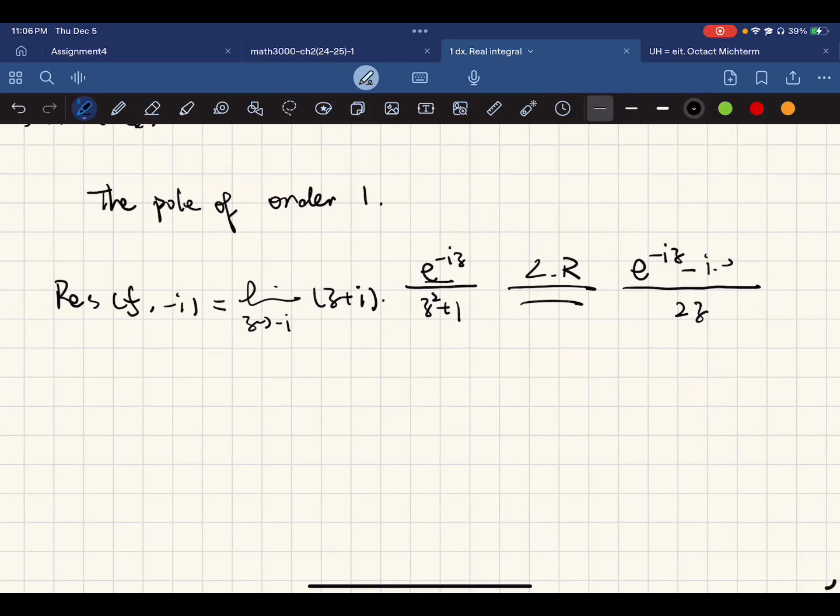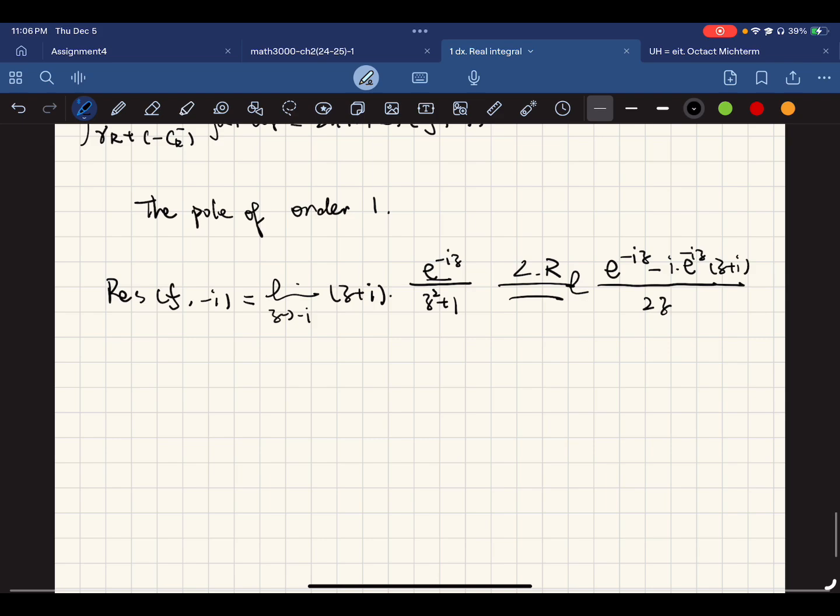Limit as z tends to negative i, we plug negative i inside. It becomes negative 2i in the denominator, and the numerator will become e to the one, right?